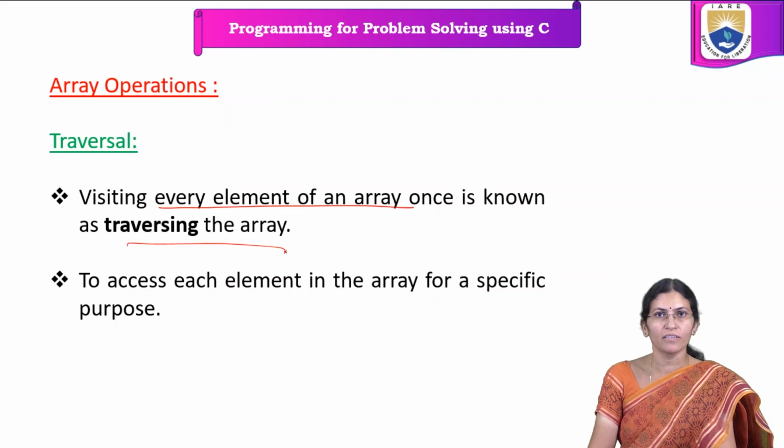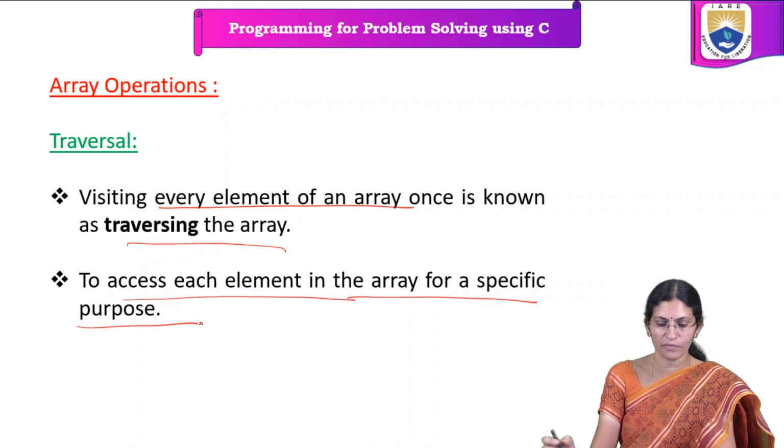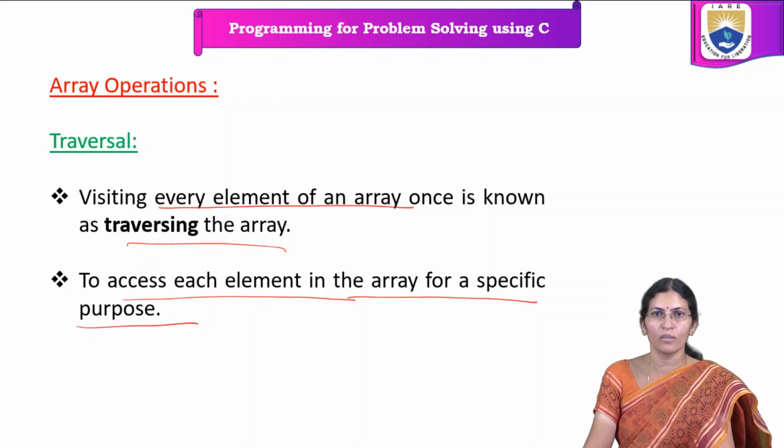This traversal can be for various purposes, in order to access each element in the array for a specific purpose. The purpose can be to count the number of elements in an array, or to perform other operations like finding whether the given element is divisible by 2 or not, that is, to find whether a specific number is even or odd.